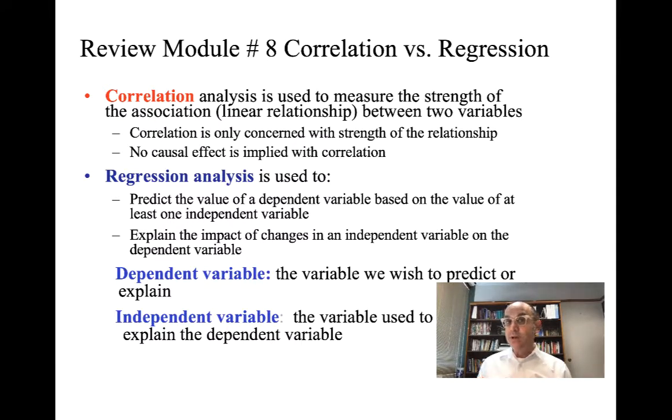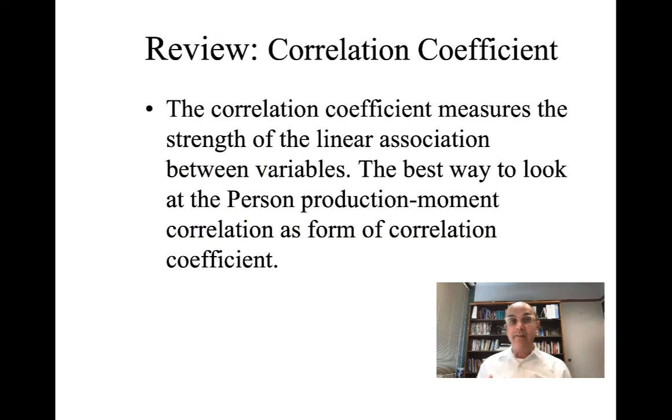And we said quite clearly that correlation does not measure the causality implied in the correlation. In comparison, in regression analysis, we are aiming to explain the impact of the independent variable on the dependent variable, and we declare which is the dependent variable compared to the independent variable.